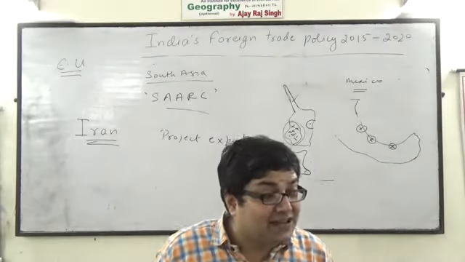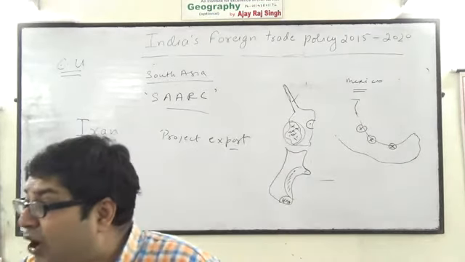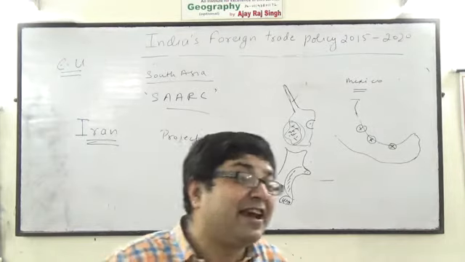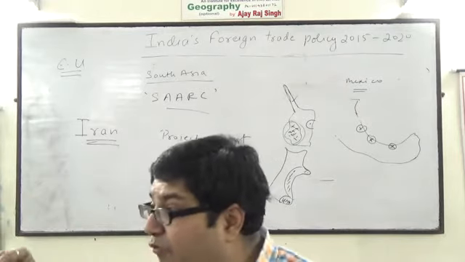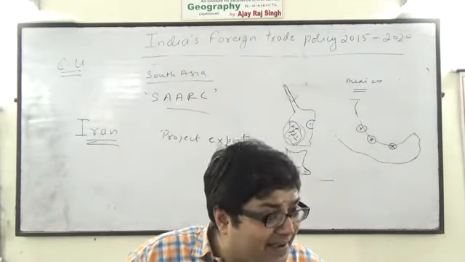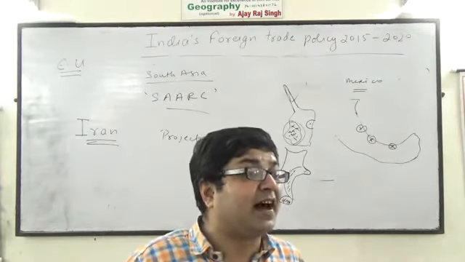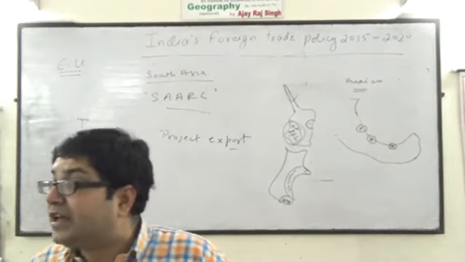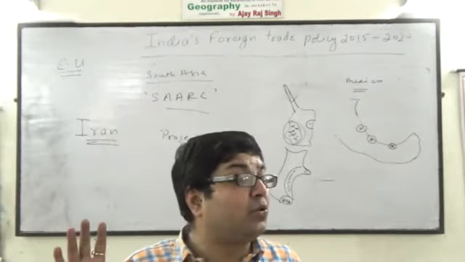So in Iran there is huge scope for project export, keeping in view the long-term potential, especially in the railway sector. It is said Iran holds out a lot of promise and needs to be adequately supported by the Indian side. How? In the railway sector in Iran, India has huge potential for exporting projects.